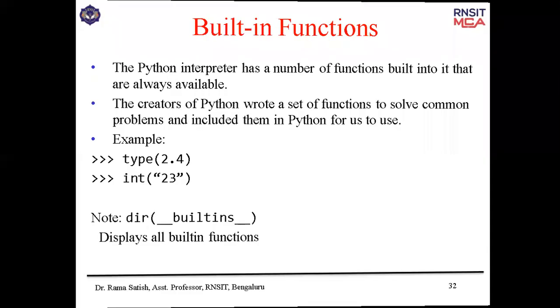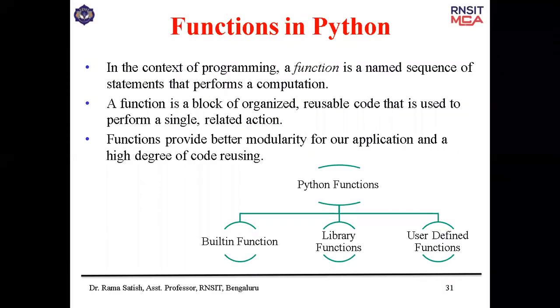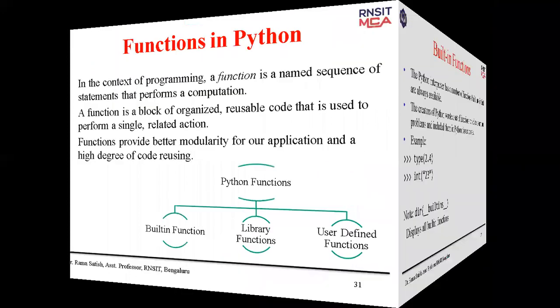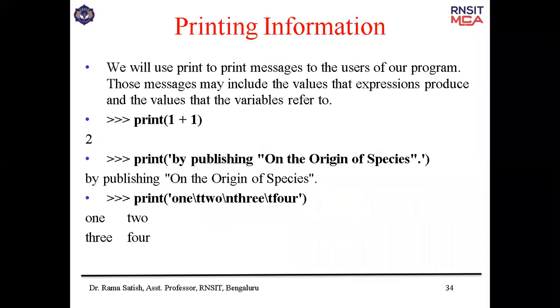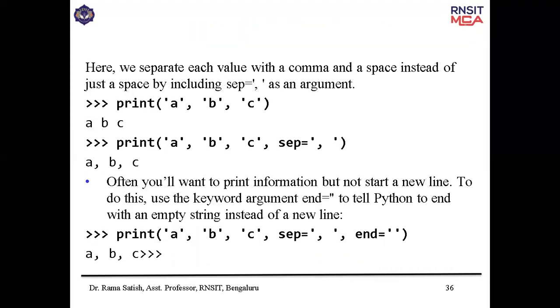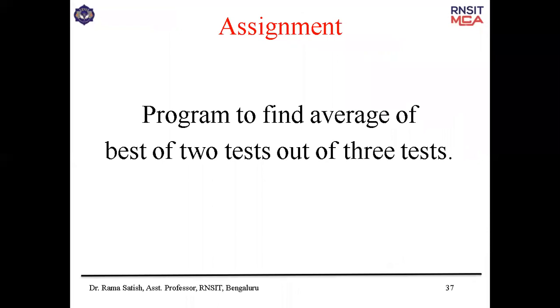There are three types of functions: built-in functions, library functions, and user-defined functions. Built-in and library functions I have already spoken about, and today we'll be starting with user-defined functions. The print statement also we discussed. I gave an assignment to find the average of the best two tests out of three tests.